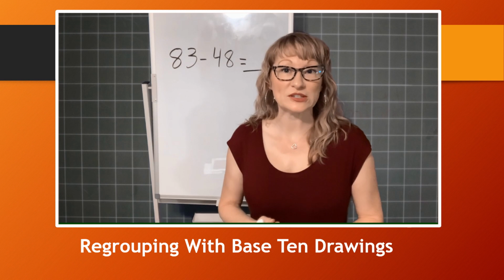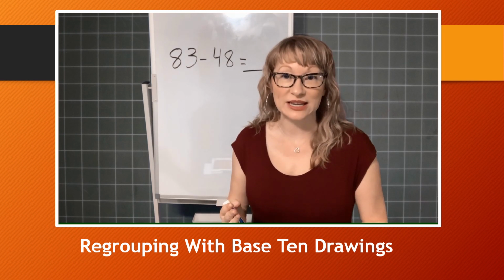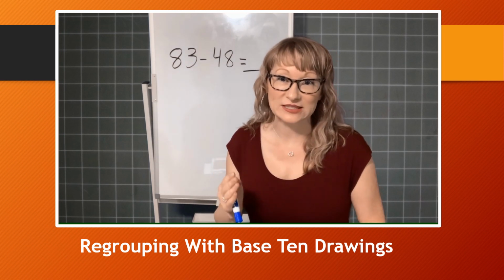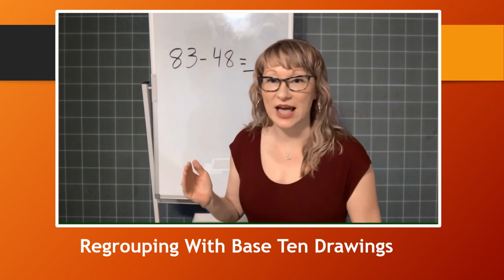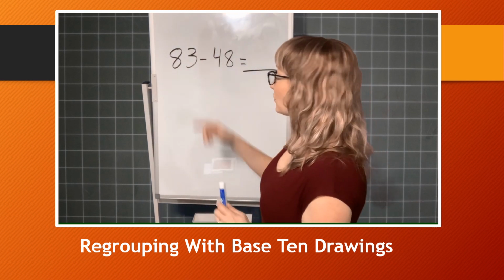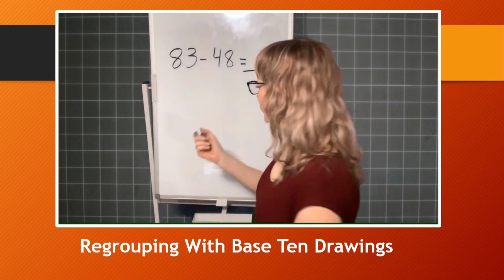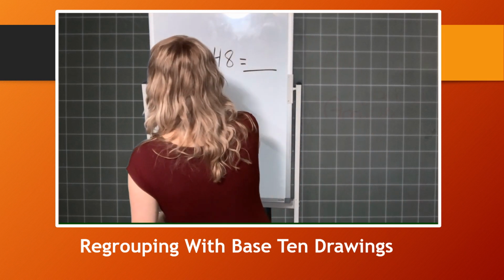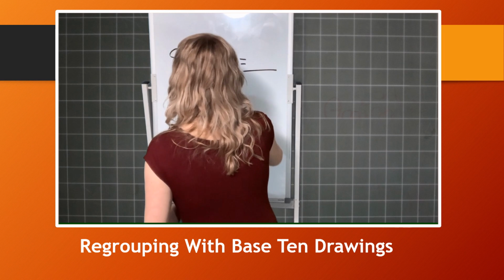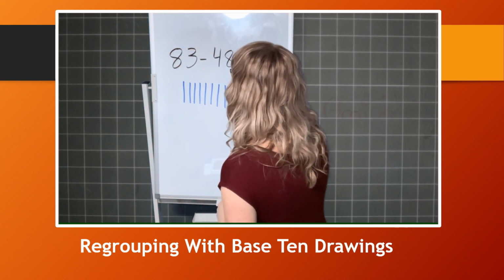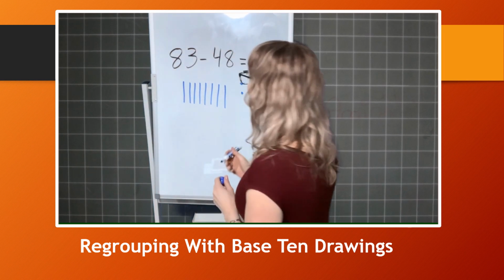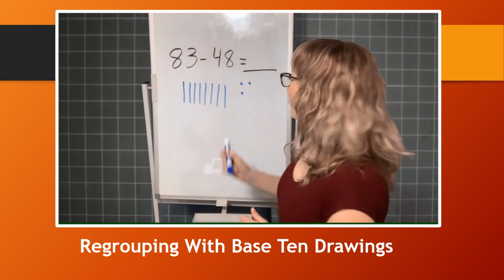So the next thing we're going to look at is subtracting by drawing the base 10 material. The problem we're going to look at is 83 minus 48. So we're going to draw, again, lines for 10s, dots for 1s. So 10, 20, 30, 40, 50, 60, 70, 80. 1, 2, 3. Now we're going to be taking away 48.